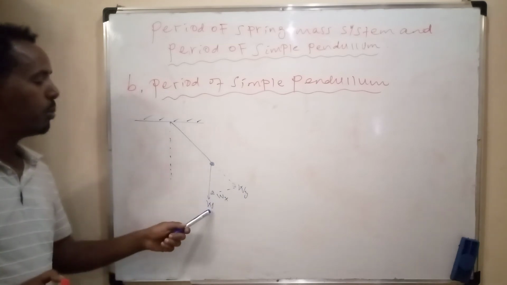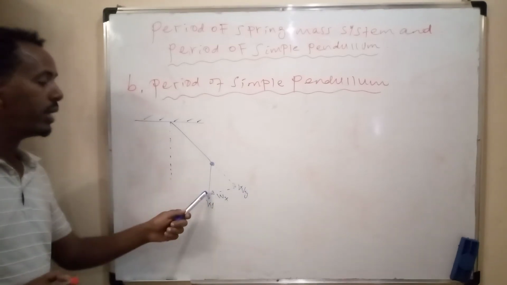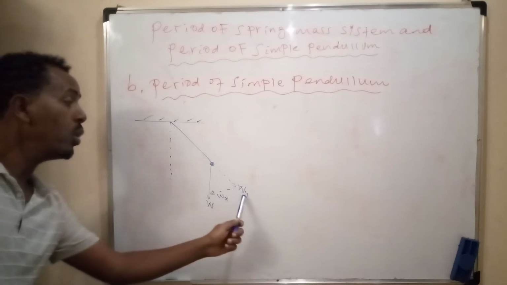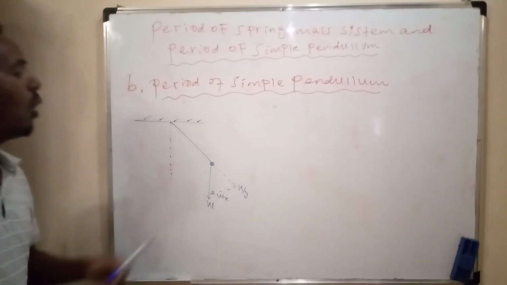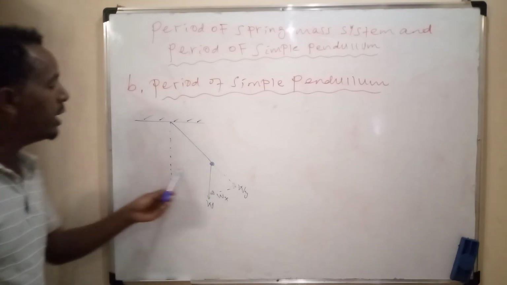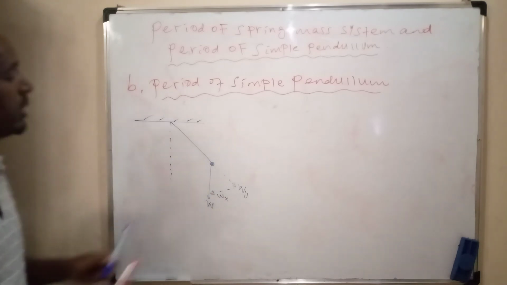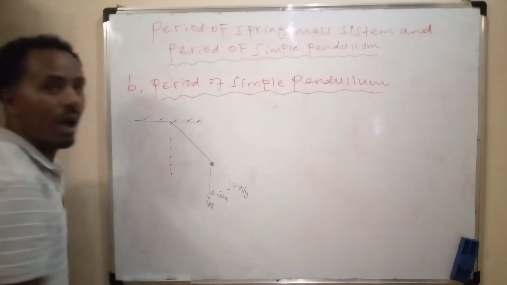This weight can be decomposed into weight along the y-axis and weight along the x-axis. The weight along the y-axis has no contribution to the oscillation of the bob of the pendulum. It is perpendicular downward along the string.